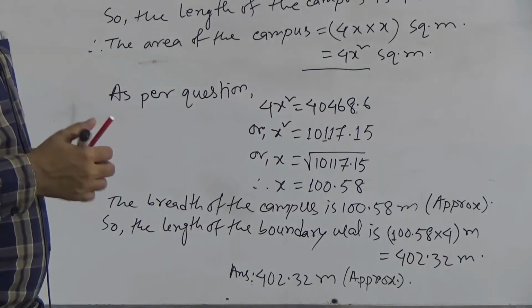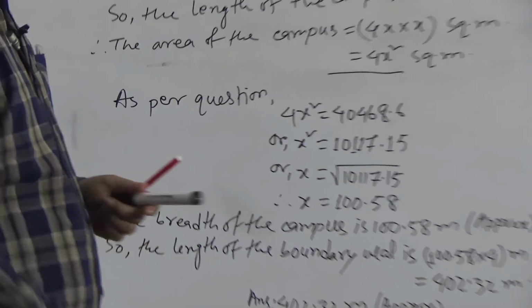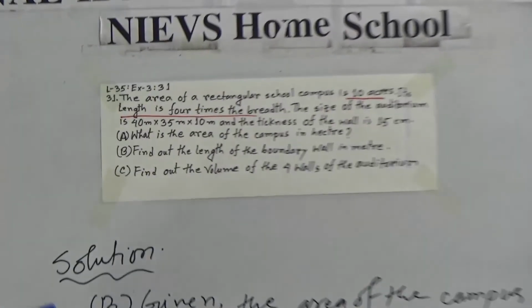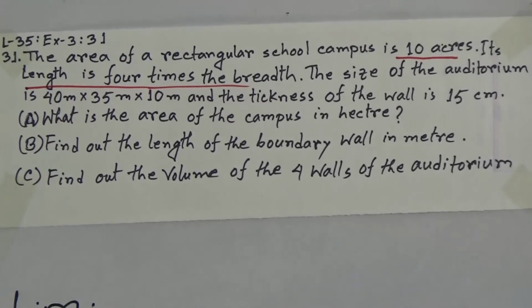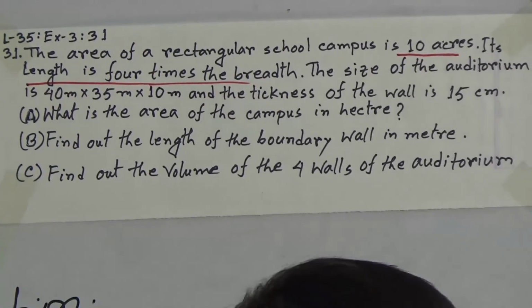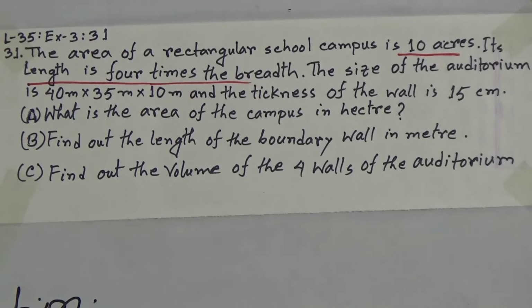Now I have to solve question C. What is question C? Question C is find out the volume of 4 walls of the auditorium. Dear students, in the campus there is an auditorium.